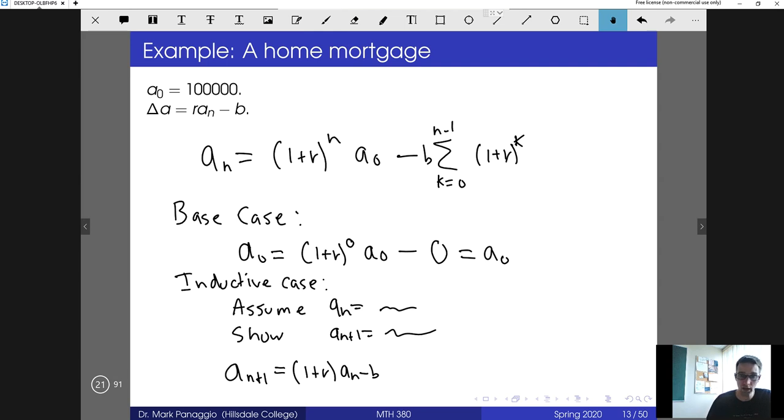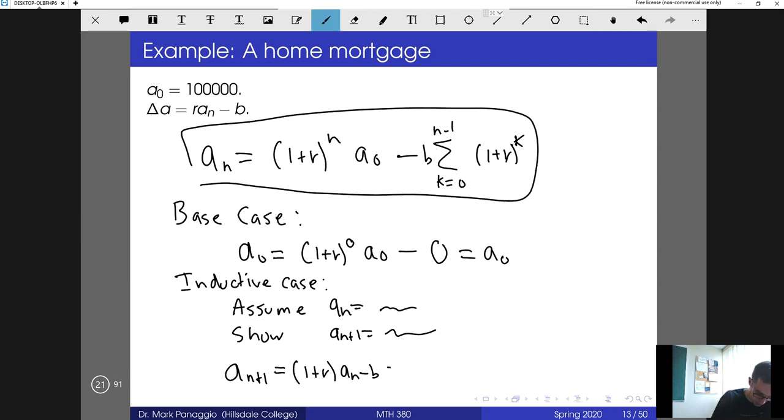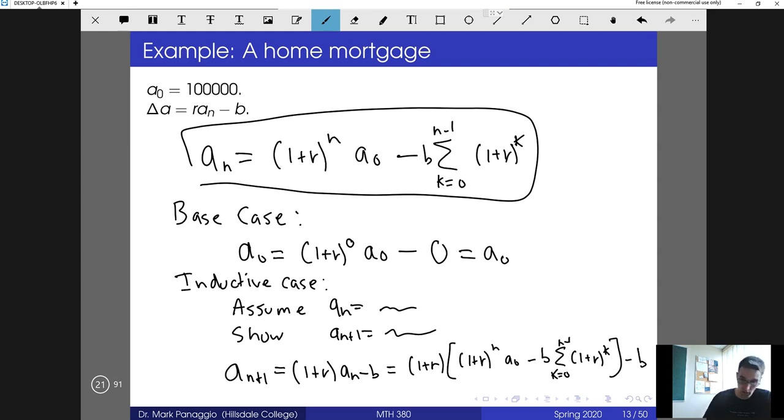And if we plug in our assumption for an, we plug that in, we will have 1 plus r times 1 plus r to the n a0 minus b times the sum. And then minus b.